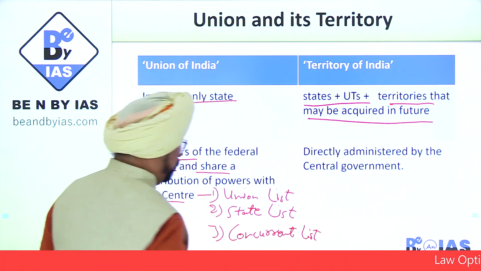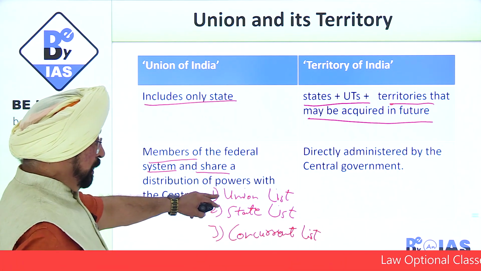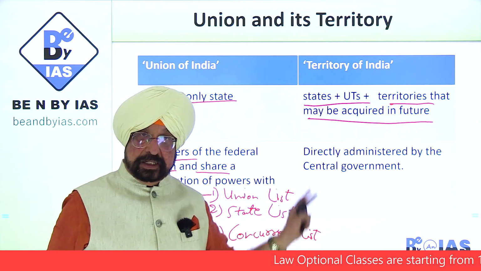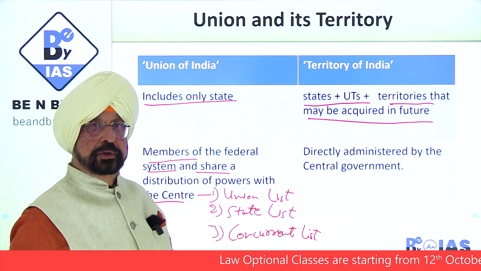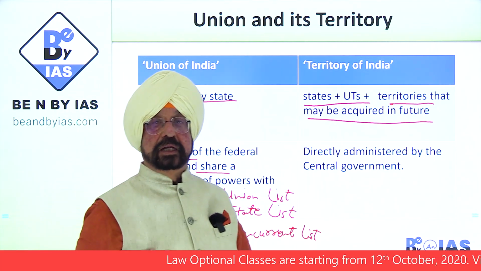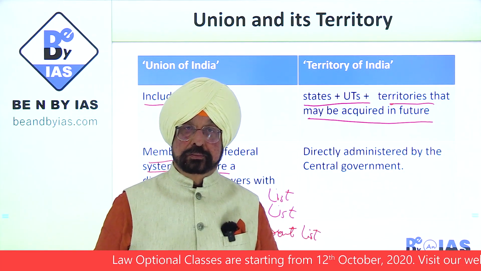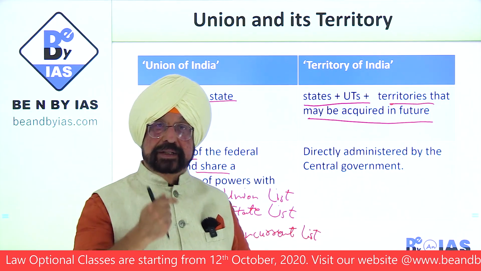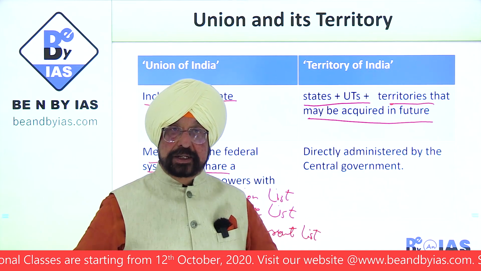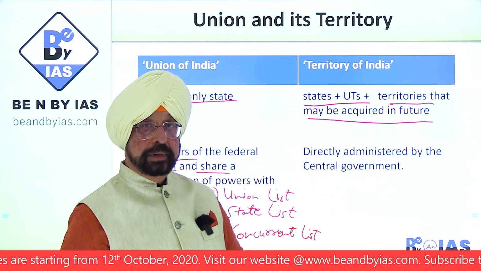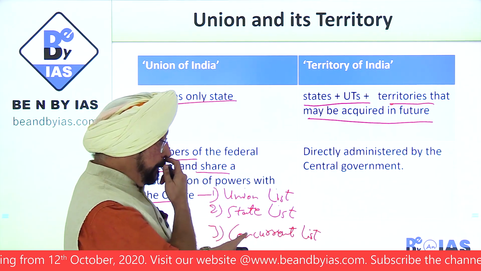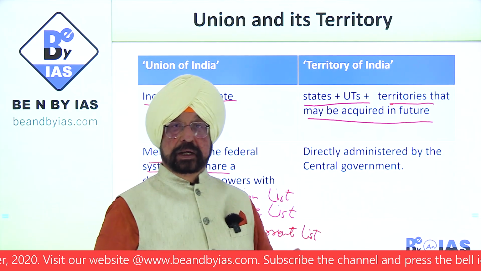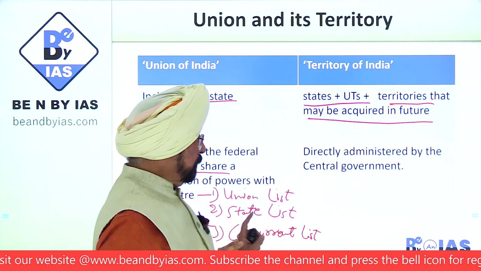What does it mean? As far as the subjects listed in the union list, the union government only has powers to make laws. For the state list subjects, the state legislatures have the power to make laws. And in the case of the concurrent list, both union and the states have the power to make laws.